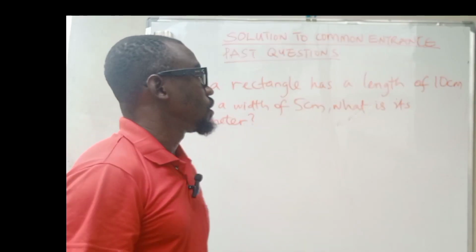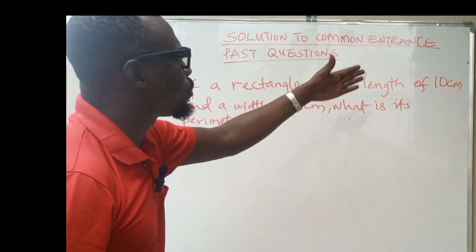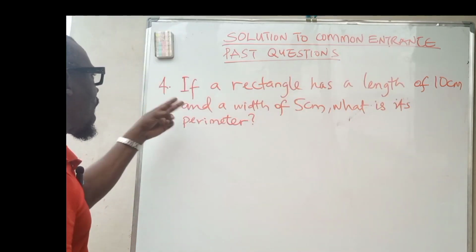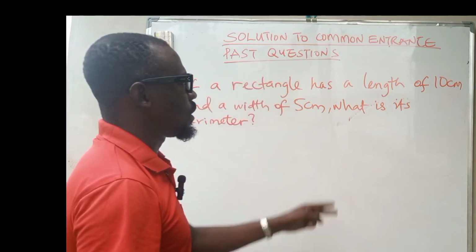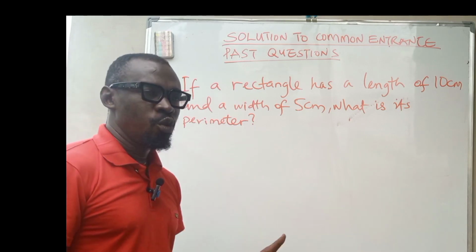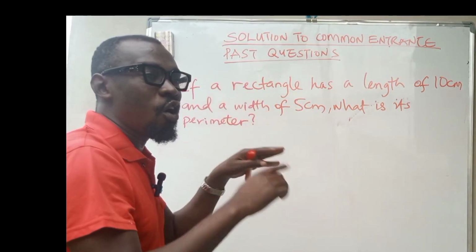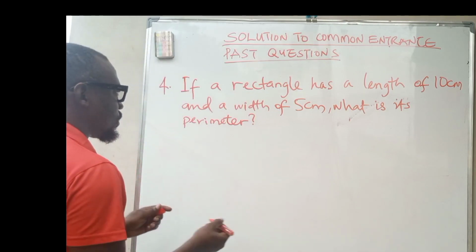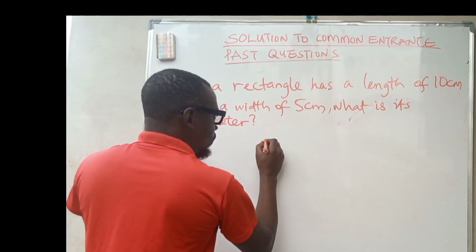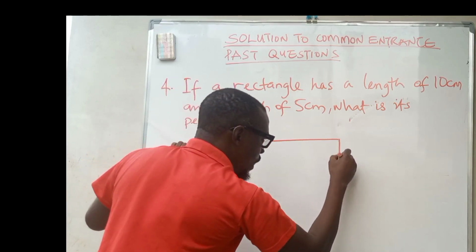Yes. The next question says, if a rectangle has a length of 10 centimeter and a width of 5 centimeter, what is its perimeter? As we all know, perimeter is the total distance around a shape. Let's represent the rectangle graphically.